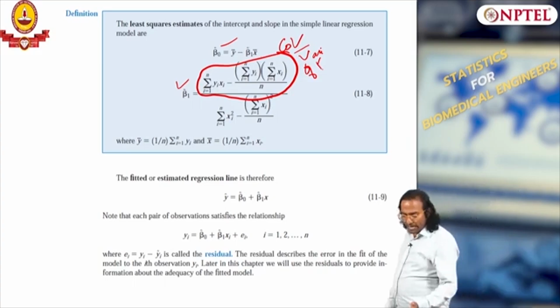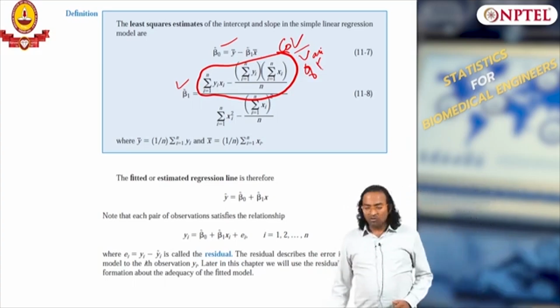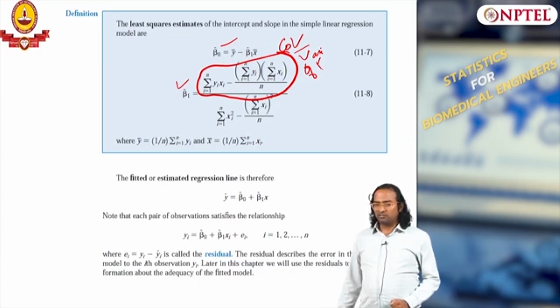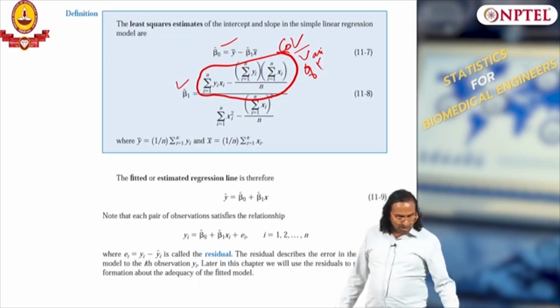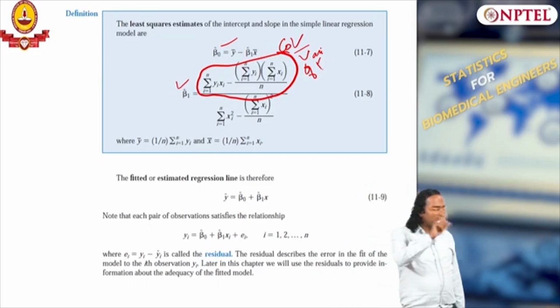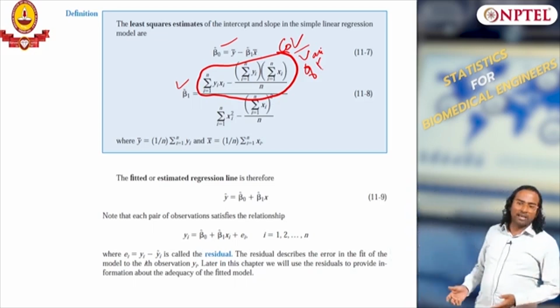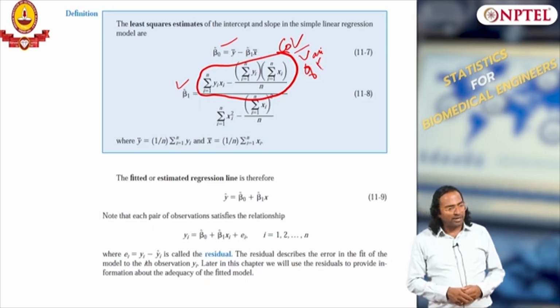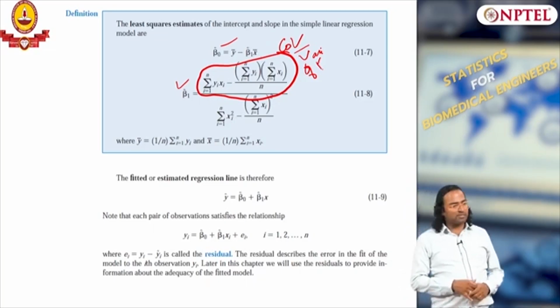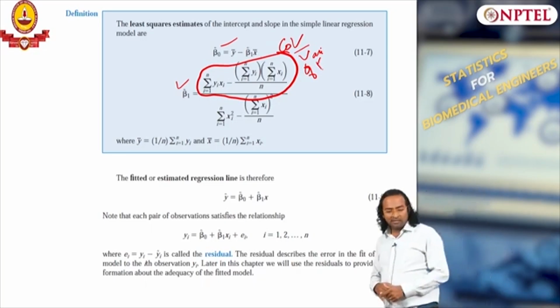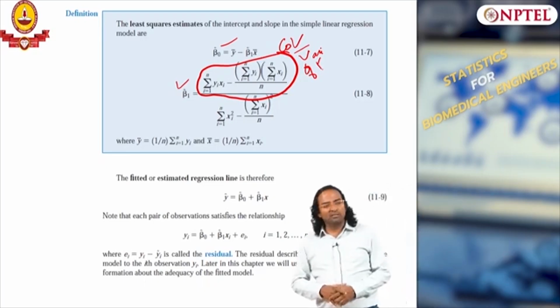So beta 1 hat is actually a function of correlation. When you solve this, this is the equation you get. This is what you do in ANOVA also; I just gave you the formula there, but the ideal way is to minimize the squared error. And your beta naught is what?